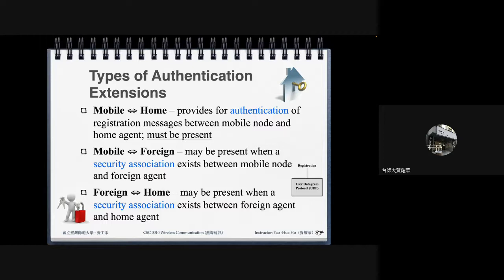For fifth generation, the mobile device and foreign agent are the same device, so you will not have this problem or the next one, foreign agent to home agent, which presents the security association between the foreign agent and home agent. But for fifth generation cellular network, the foreign agent is the mobile device itself. So the first one is already enough: mobile device to home, for authentication.